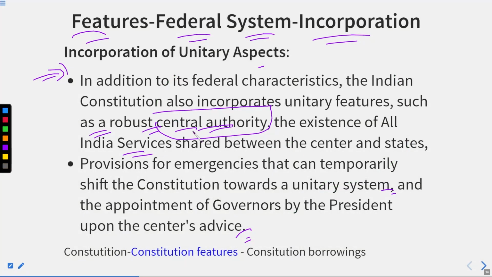Okay, how? Through these manners. First is the central government can exercise robust authority. Okay, second is all India services are basically distributed between the center and the states.